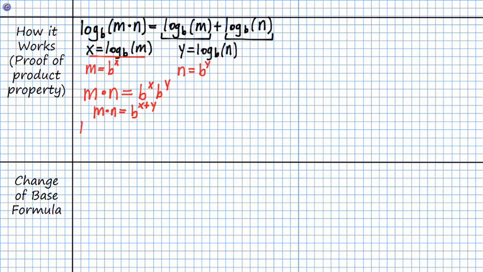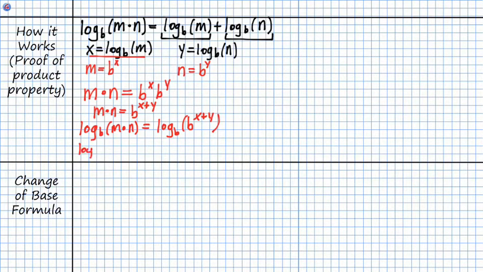Now if I take the logarithm of both sides, I get log base b of m times n is equal to log base b of b to the x plus y power. And what we're going to find is that log base b of some exponent of base b will actually cancel itself out.